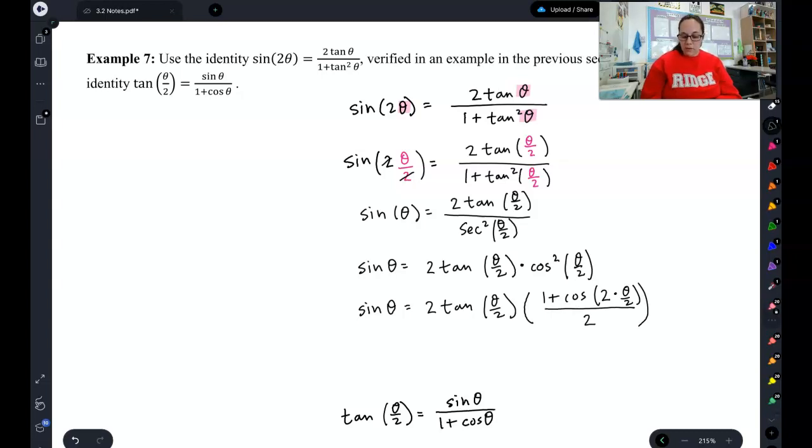There's my power reduction identity. Once again, notice that instead of just theta, I used theta over 2, just like I had before. But the purpose between this one is that those 2's are going to cancel out.